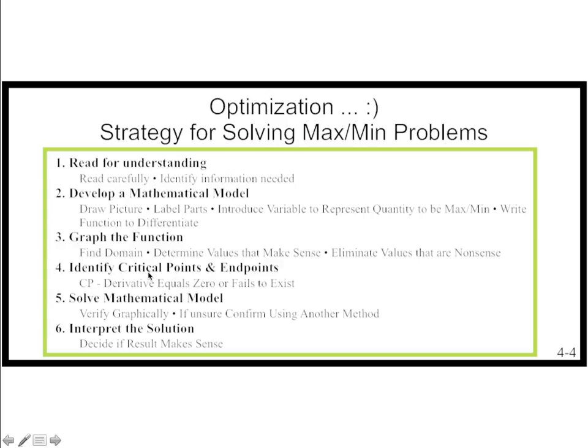Those are our hills, valleys, cusps, and corners. Then we have to identify the endpoints if we have them. And then we need to solve the model. So we go back to that model we created in step 2, and we solve that mathematical model using differentiation. Then we give meaning to the solution, so we interpret the solution.